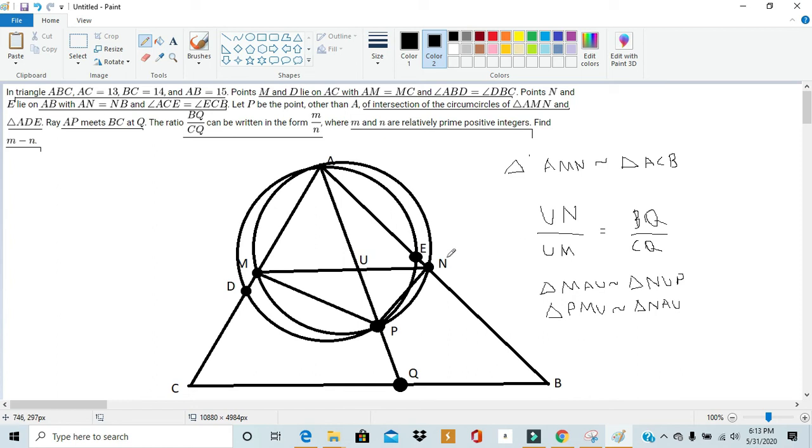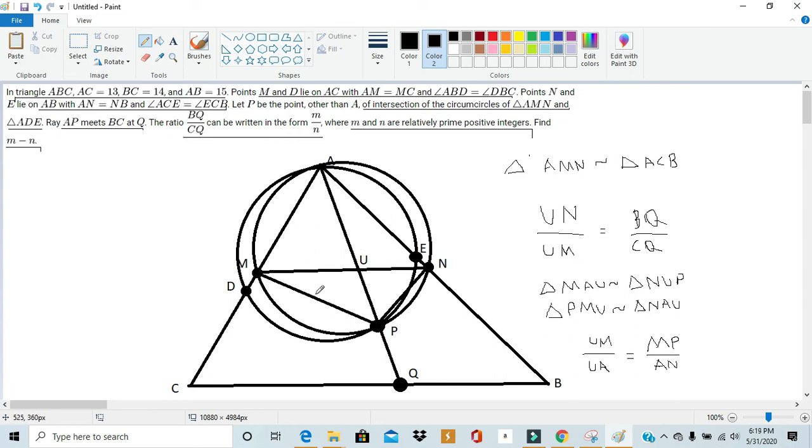If we exploit the second similarity, triangle PMU being similar to triangle NAU, one of the relationships that we can write involving one of our desired sides, UM, is that UM divided by UA is equal to MP over AN because both pairs are corresponding sides of similar triangles. So UM over UA is equal to MP over AN.